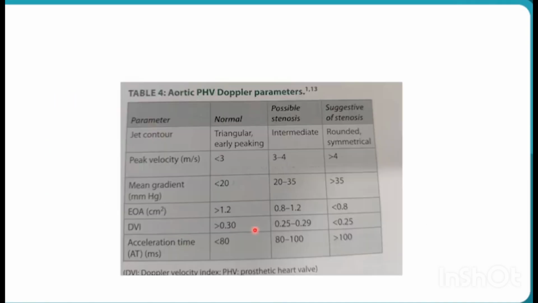So this is the table showing the normal limits of the Doppler parameters, starting from the contour, if it is rounded versus triangular, peak velocity if it is more than 4, gradient more than 35 to 40, EOA less than 0.8, DVI less than 0.25, and AT if it is more than 100, then it is suggestive of a stenotic prosthetic aortic valve.